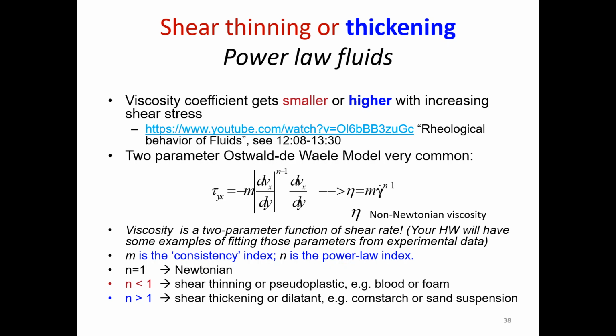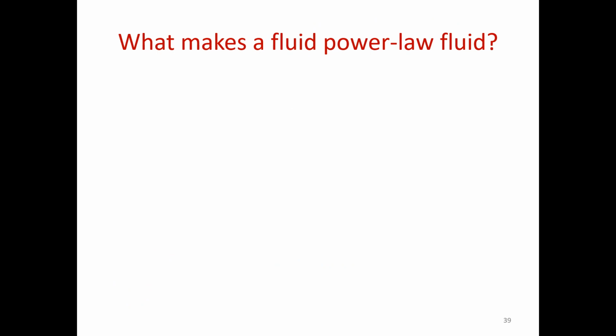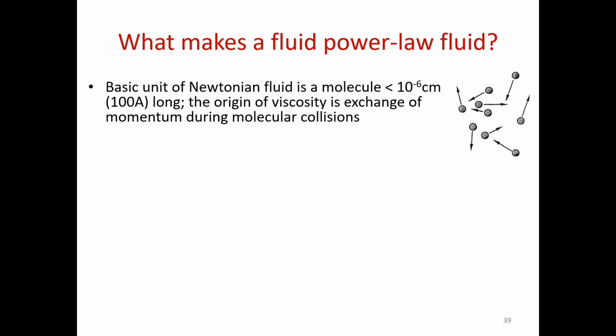And different ends model that. And the way we get the ends, so I have two parameters by curve fitting two experimental data. What makes it, I already went over that. When I have a Newtonian fluid, my molecule is a very small molecule, say 100-ish angstroms. And the origin of viscosity is this exchange of molecules bouncing into each other, right?